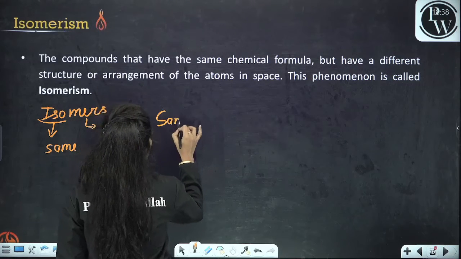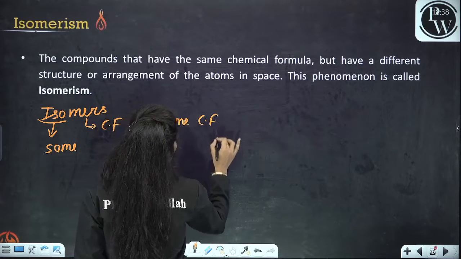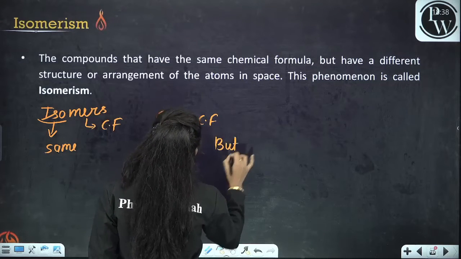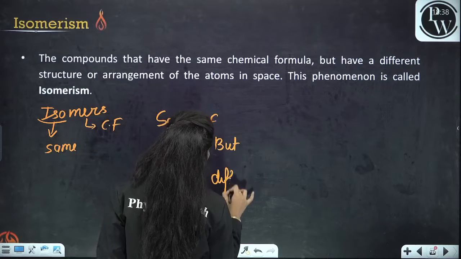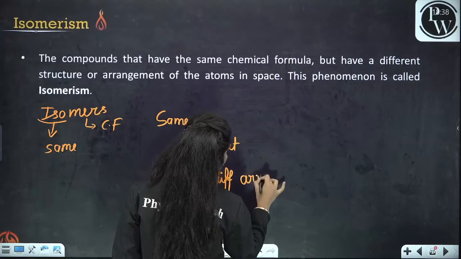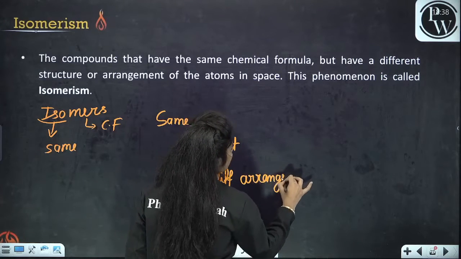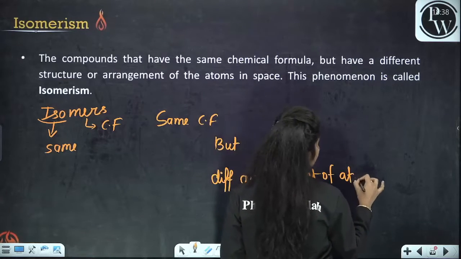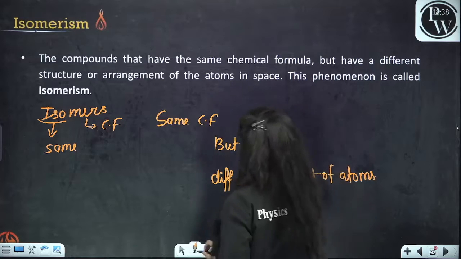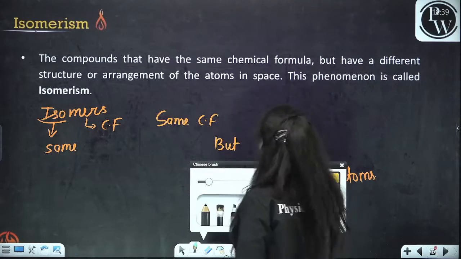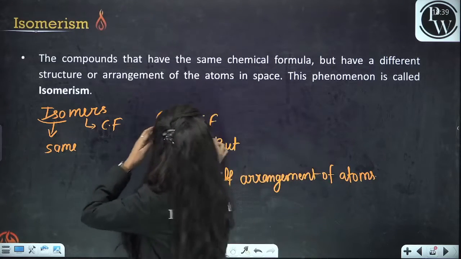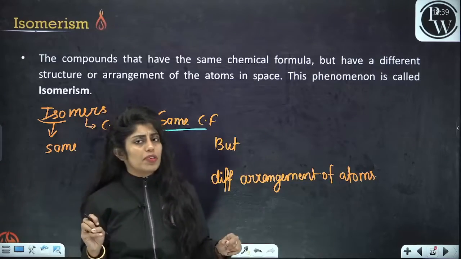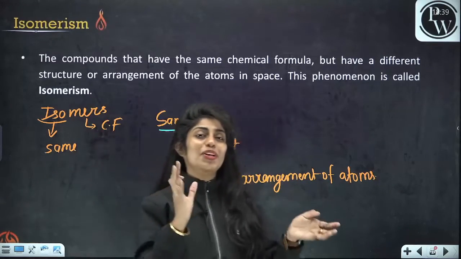Same chemical formula but different arrangement of atoms. So similarly, you can simply say that the chemical formula is the same, but there can be different arrangements.